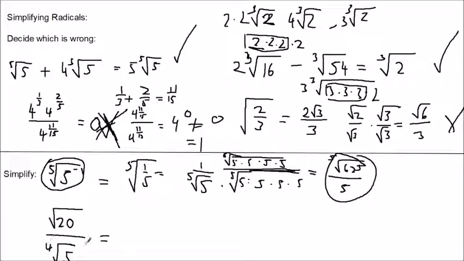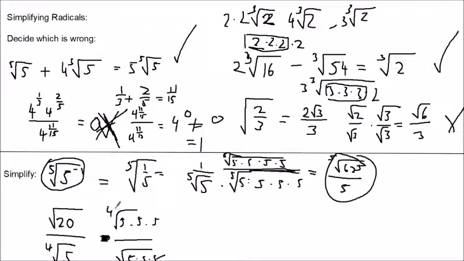Square root of 20 divided by fourth root of 5. How do you simplify this? Okay, the fourth root of 5. So let's do the same thing as we do on the top. There's 4 5s required, but we only got one of them. So let's multiply by 5 times 5 times 5.